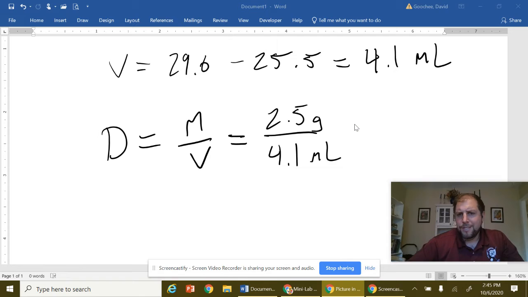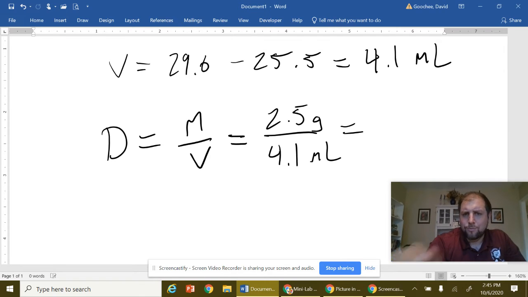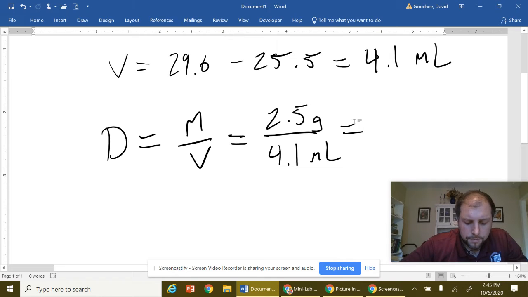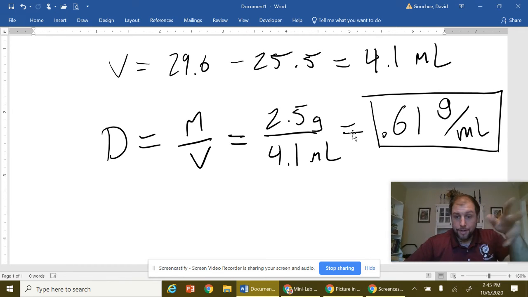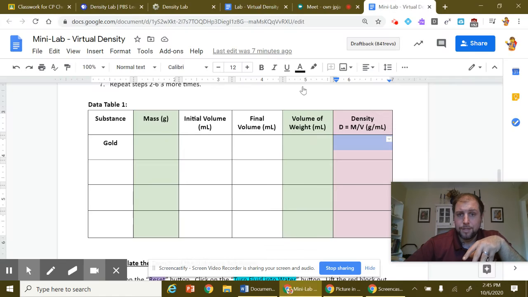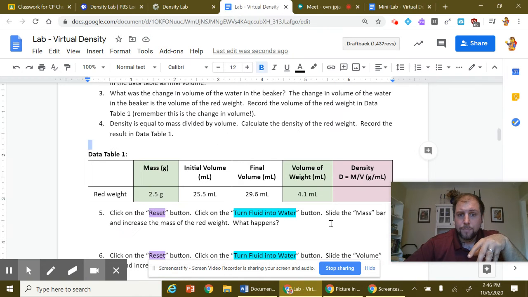And so the density of this object right here, 2.5 divided by 4.1, is 0.61 grams per milliliter. That is the density, 0.61 grams per milliliter. Okay, so there you go. So that's your density.